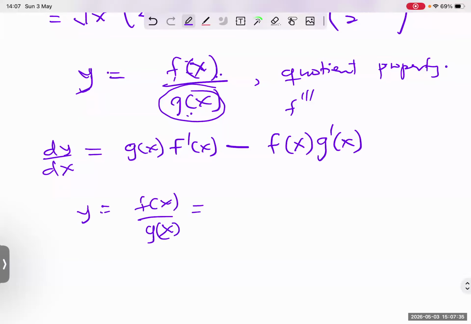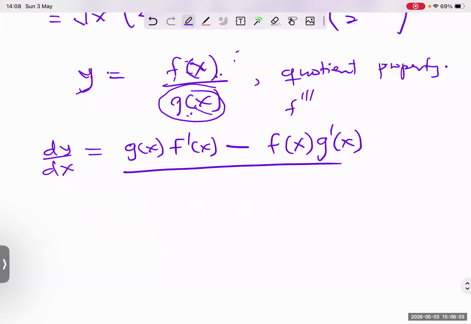We can change this into the product rule, given by f of x times g inverse of x. Using the product rule, keep one of them constant, differentiate the other, minus the reverse. And then if you simplify, you will get the minus there, because if your g comes up, it will have the exponent -1, all over the denominator squared.